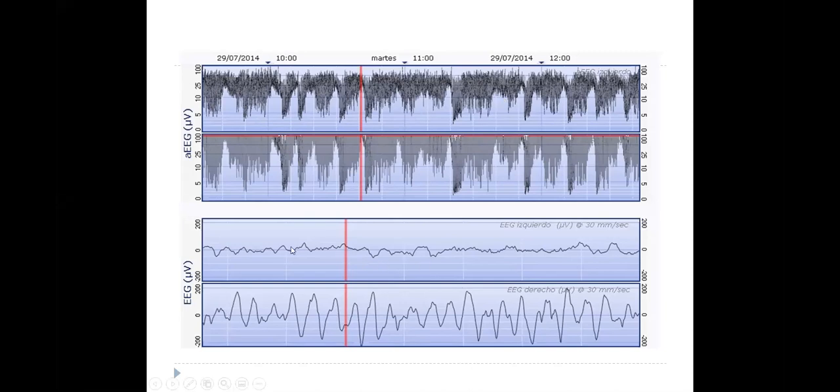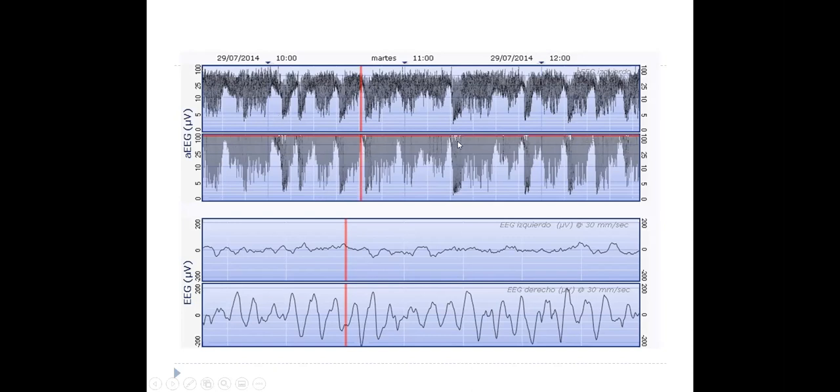When you see the raw EEG, you can see these rhythmic slow waves of high voltage, around 200 microvolts. And remember that the upper limit of voltage in the EEG is only 100.